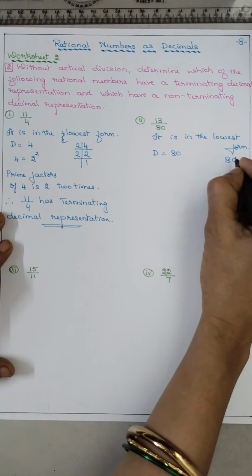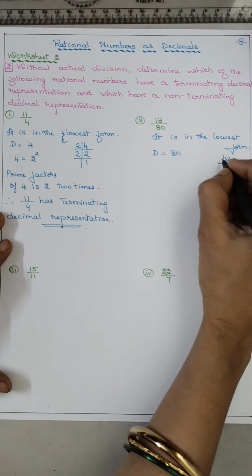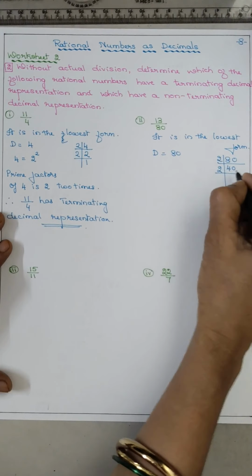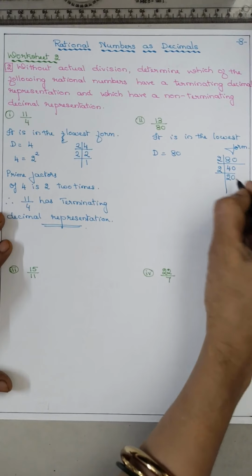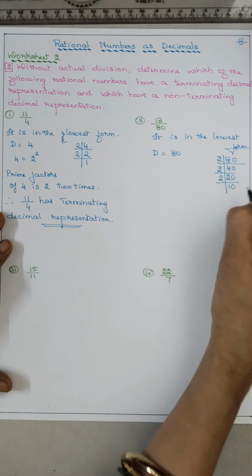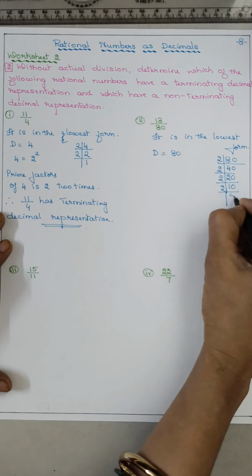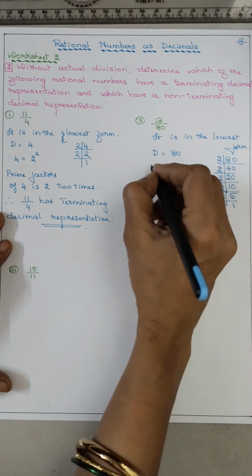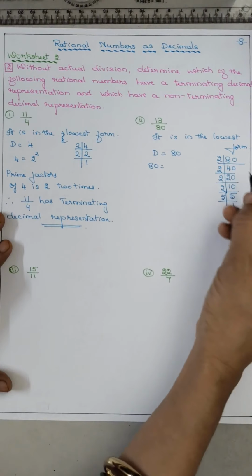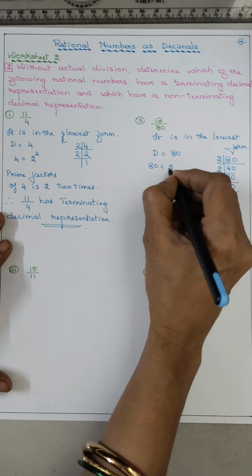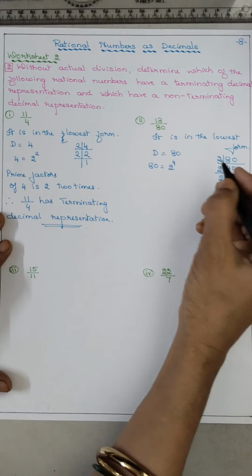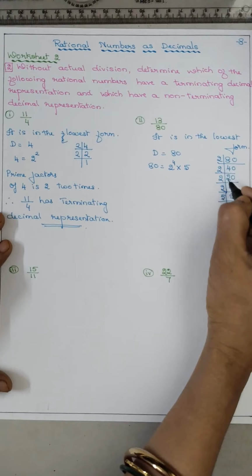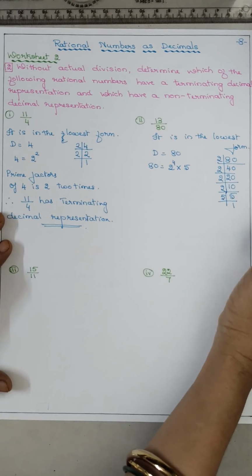Now see the prime factorization of 80. 80 can be written as 2 four times, that is 2 to the power 4 into 5. That means the prime factors are 2 and 5.